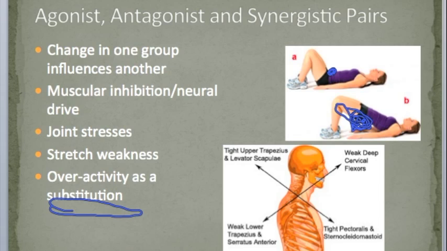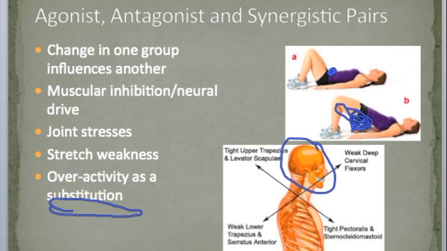You also have joint stresses. Remember that, for example, your head weighs about 8 pounds, but the further forward it goes, the heavier it is to your spine because you're taking that point load and you're moving it anterior to its base of support. So you're going to have joint stresses that will change depending on which muscles are active, which muscles are tight or hypertonic, and so on.